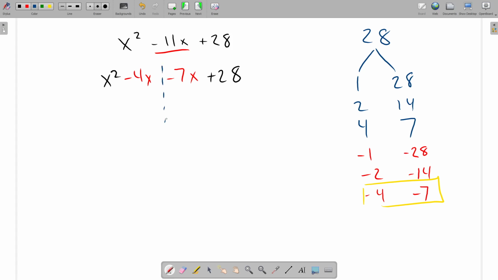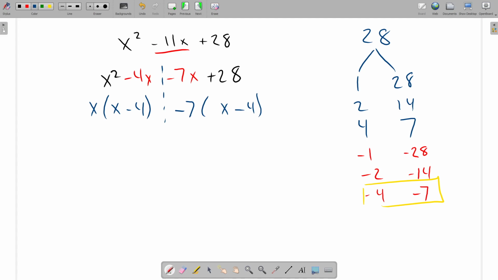Drawing our imaginary line down the center, looking at the two terms on the left, the greatest common factor is an x, and we're left with x minus 4. Looking at the two terms on the right, the greatest common factor is a 7, but we're left with negative x plus 4. So to change these signs to make it x minus 4, I need to take out a negative 7.